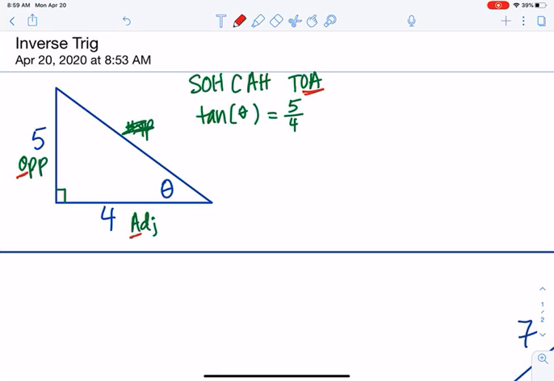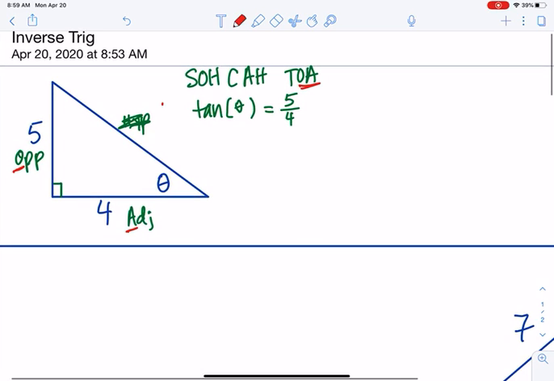So to get rid of tangent, we need to use something called inverse tangent. Take a look at your calculator or open up the Desmos link if you're using the Desmos calculator I shared. And we want the tan -1 button. So to get rid of tan, I'm going to use inverse tan. Tan to the -1. That's called inverse tan.